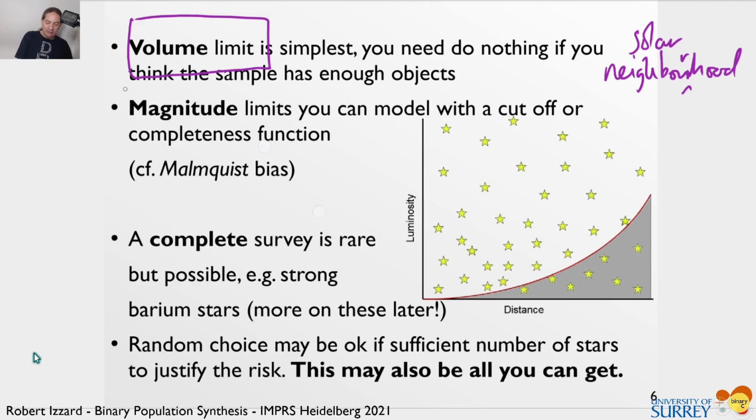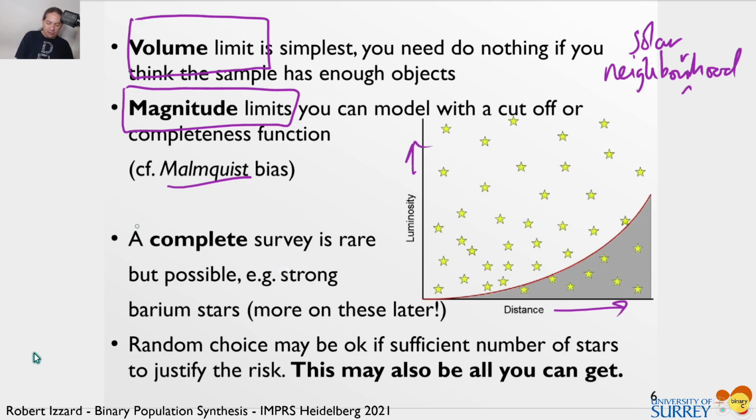Now, magnitude limited surveys are more typical. Magnitude or luminosity, of course. But you can then say, well, okay, as you go out in distance, the luminosity of stars that you can see changes, and this is typical of what's sort of a Malmquist type bias. You can compensate for this with a completeness function. It's not too difficult to do.